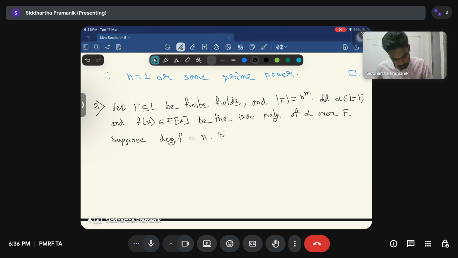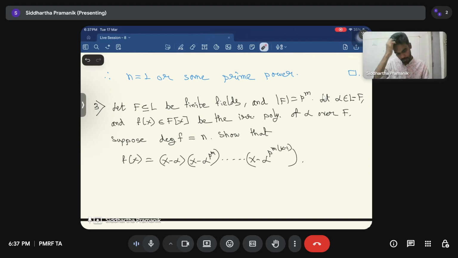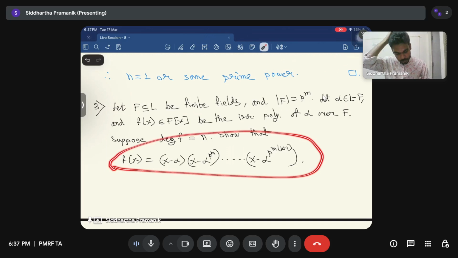Then show that f(x) looks like (x minus alpha)(x minus alpha power p power m), and so on, up to (x minus alpha power p power m times (n minus 1)). So we need to prove that the irreducible polynomial of alpha has this particular form.